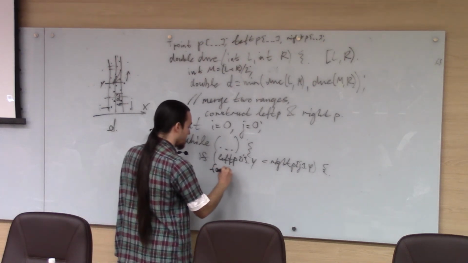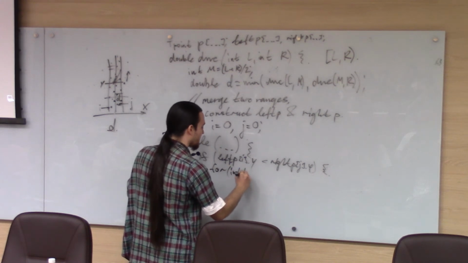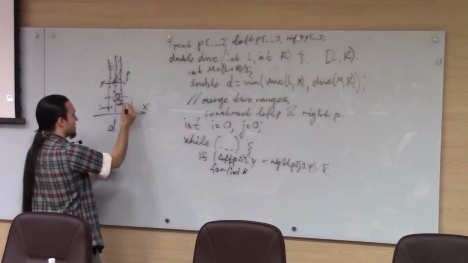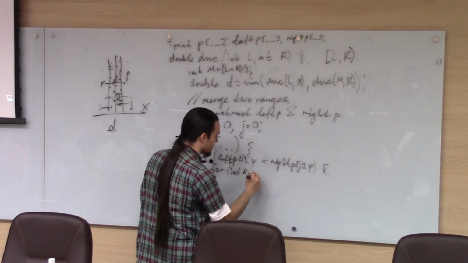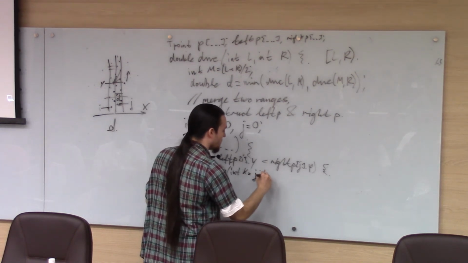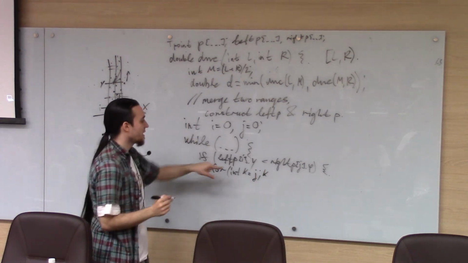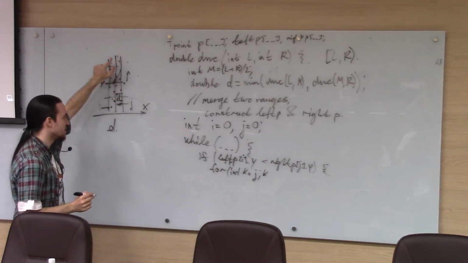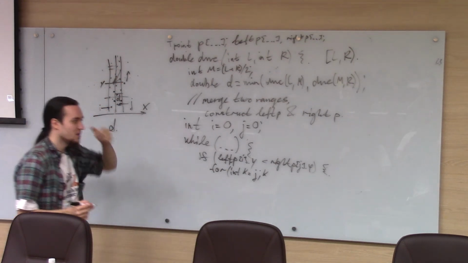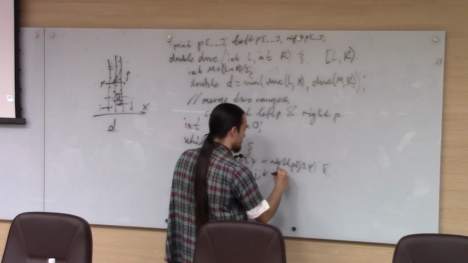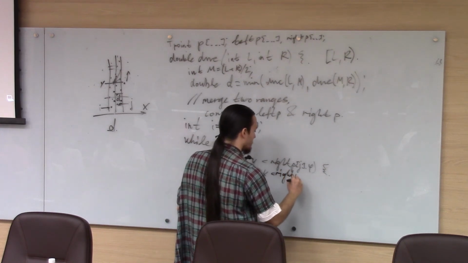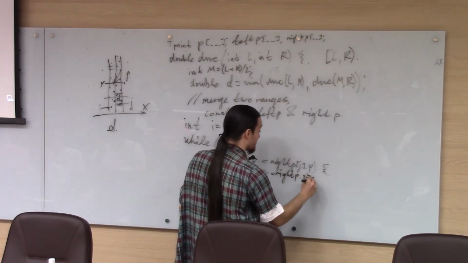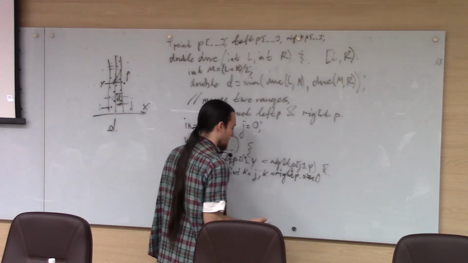So we have an additional pointer k that initially is equal to j, and we go while k is a valid index, so it's less than the right part size if it's a vector, or less than something else.